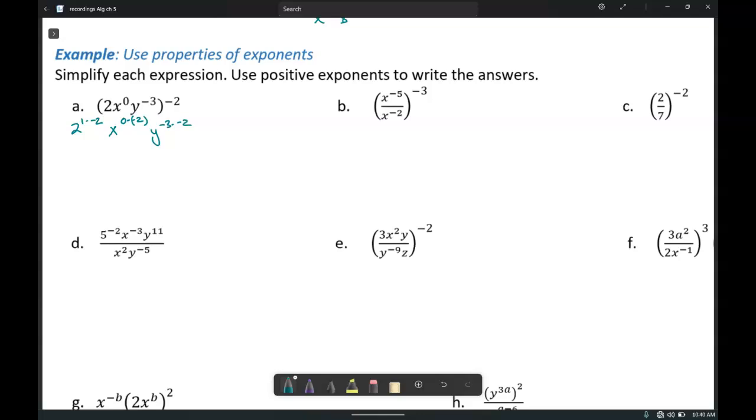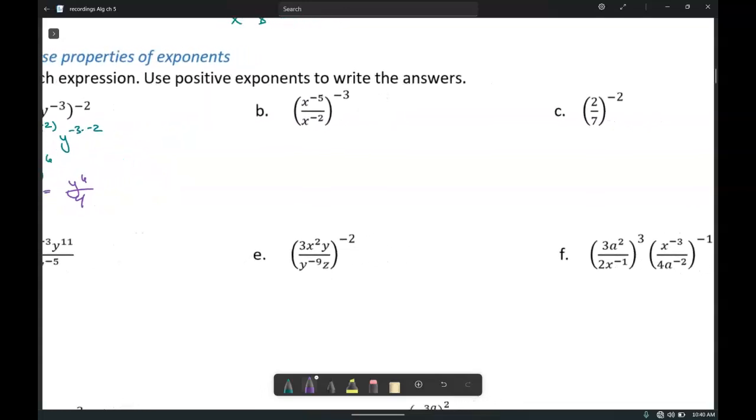Negative 3 times negative 2. So 2 to the negative 2, x to the 0, y to the 6th. x to the 0 equals 1, so we don't need that. And we get 1 over 2 squared times y to the 6th, which is y to the 6 over 4.